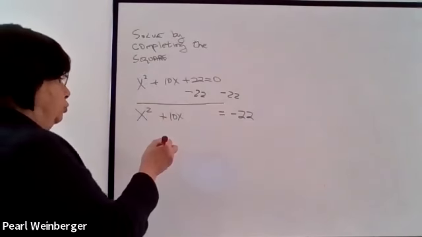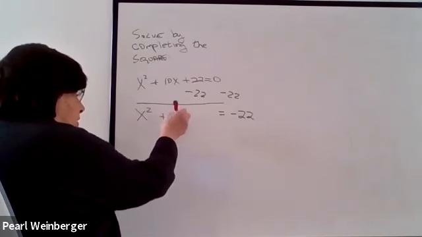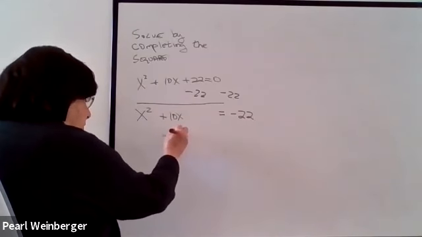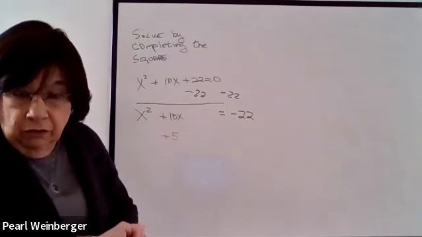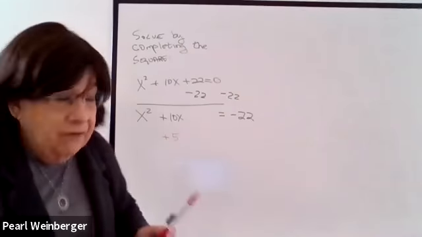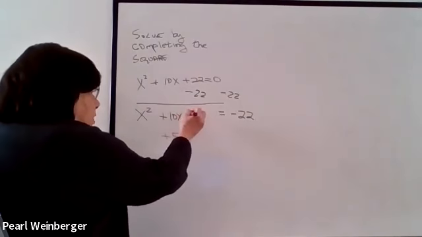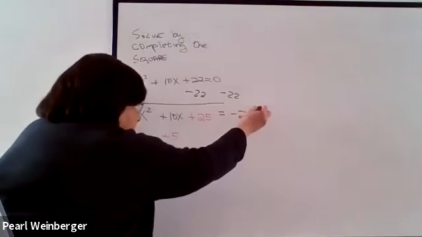The way we do it is we take half of the coefficient of the x, which is a plus 5, and we square it. 5 times 5 will give me 25. So I have to add 25 to both sides of this equation.